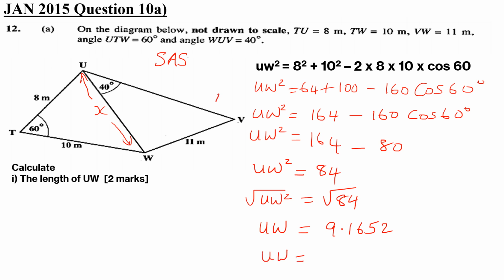So it'll be 9.2 meters to 1 decimal place. Remember the rule: decimal point, 1 number. Draw my line. That number there is 5 or more, you have to round up. So it was a 1, so it becomes a 2.